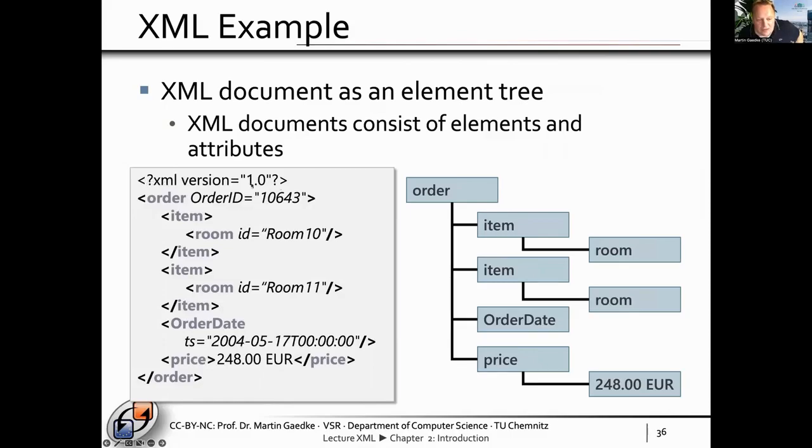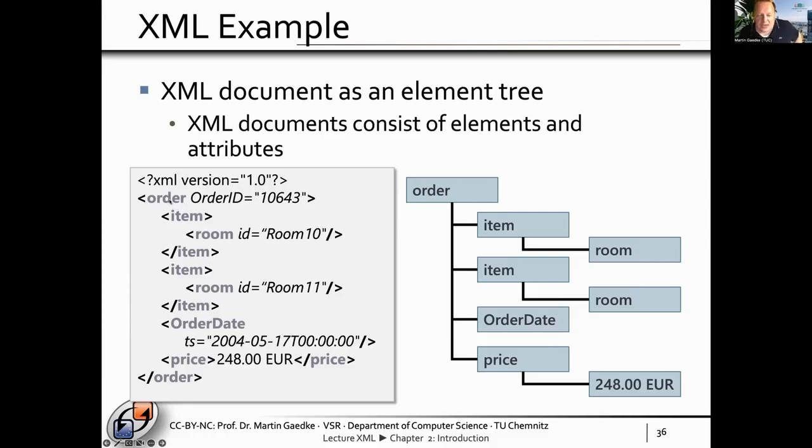Some hints for the reading processor that the following characters should be interpreted as XML based on version 1.0. And now you see here, similar to an HTML document with tags, the XML document with tags that we can define on our own.